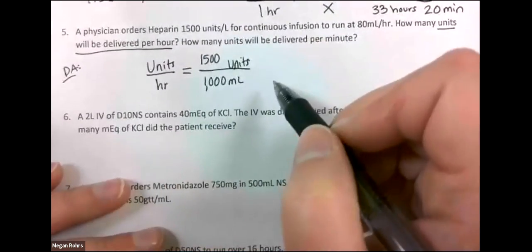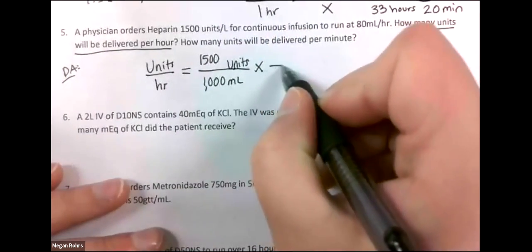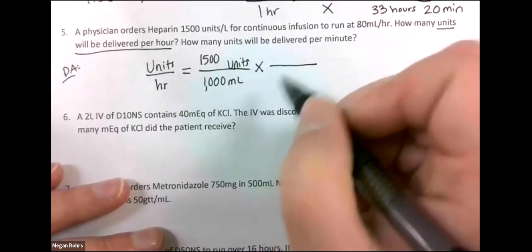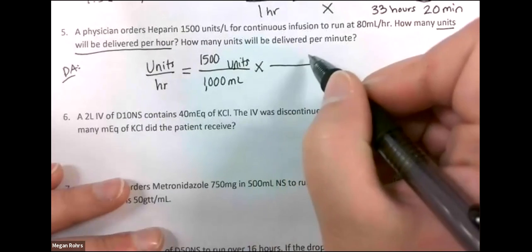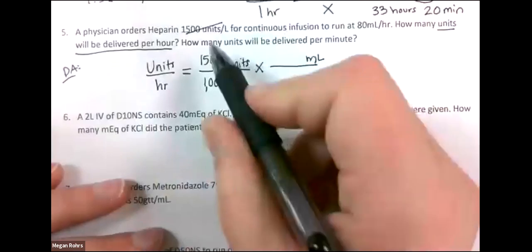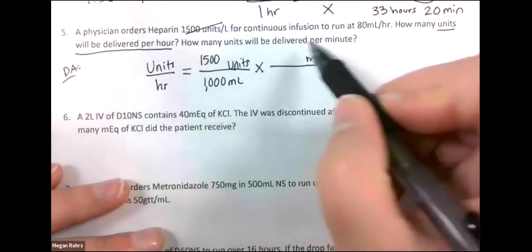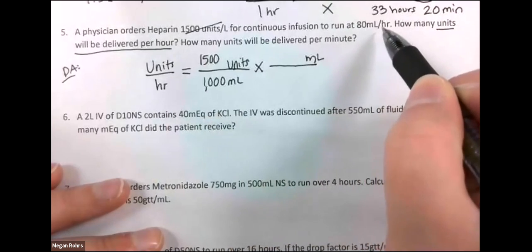So step 3, add a multiplication sign and then set up your next fraction so where the denominator of the first fraction is in the numerator of the second fraction. So I've already used this rate. The only one I have left is milliliters per hour.